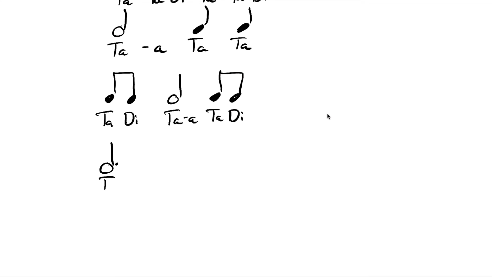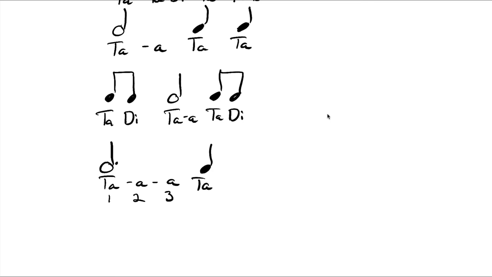It's that same system with the ta-ah, but this time you're only going to do 2 ahs because you want it to have 3 beats. If we throw a quarter note in there at the end to get that 4th beat, this would go ta-ah-ah, ta. So you get all 4 beats in that measure.